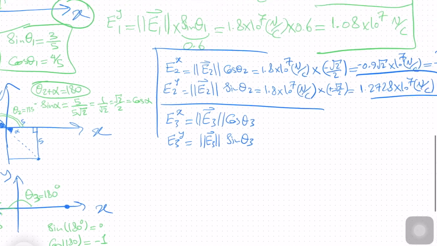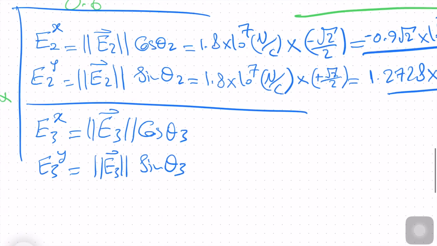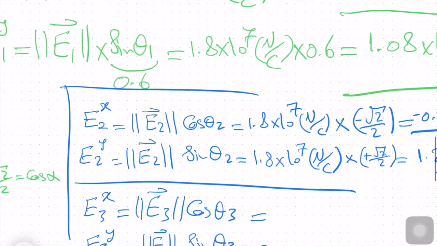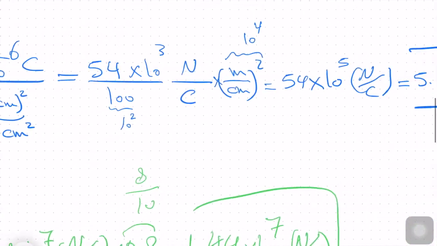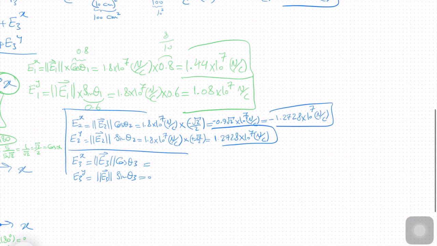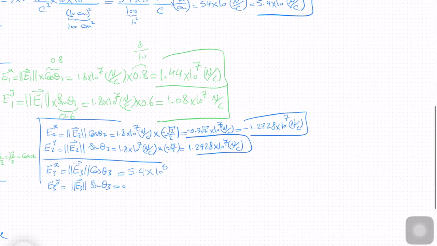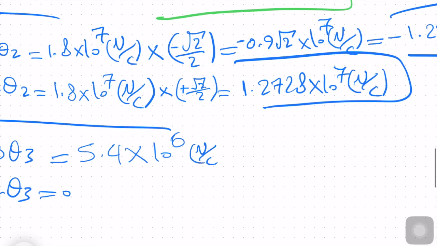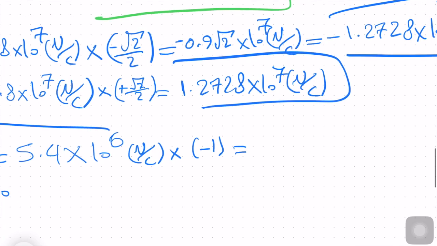Okay, so E3 is just pointing in the negative direction of the x-axis, and its y component is basically 0. So this is 0. Magnitude of E3 is 5.4 times 10 to 6 Newton per Coulomb, multiplied by cosine of 180, which is minus 1.